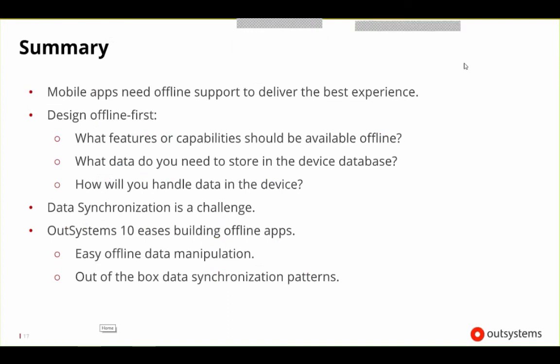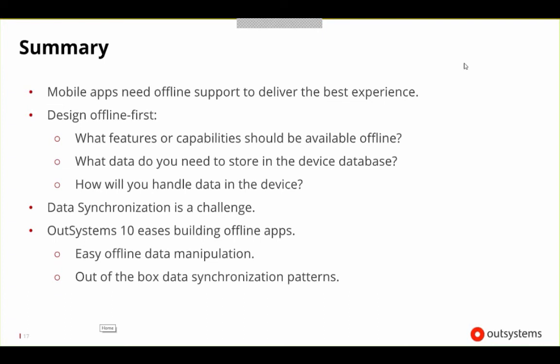So in summary, as you can see, mobile applications with offline support deliver your users the best experience. In this particular scenario that we had, the user could actually have had network at the time he was taking the pictures. But the quality of the network might have been a little bit shaky, or it could be this sort of Wi-Fi connection.